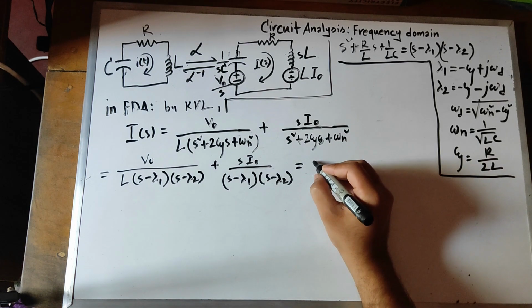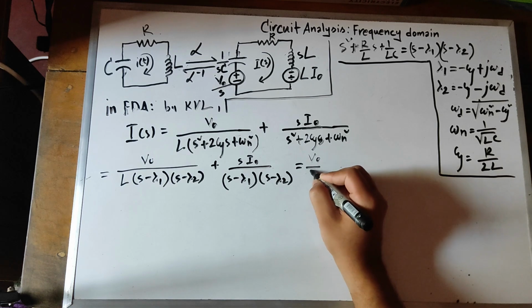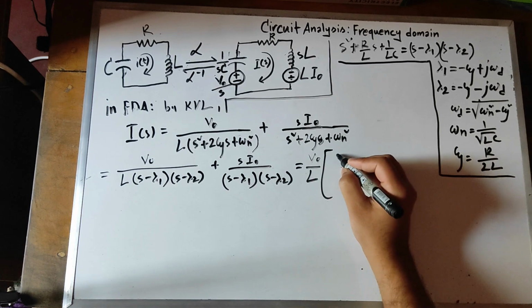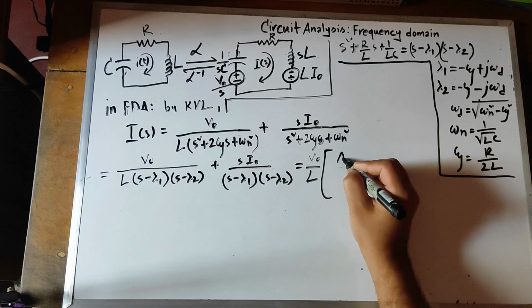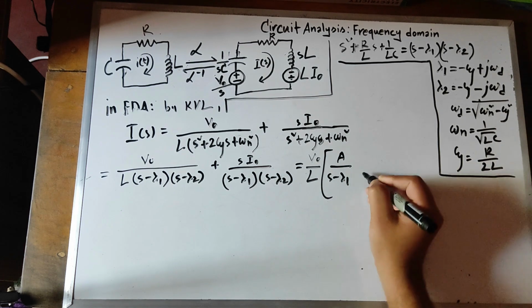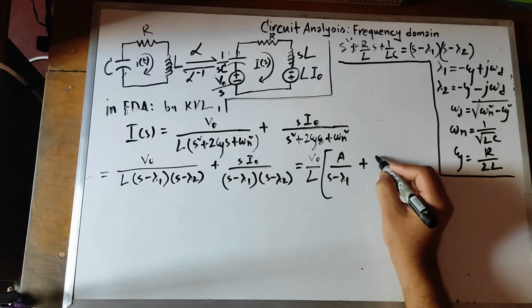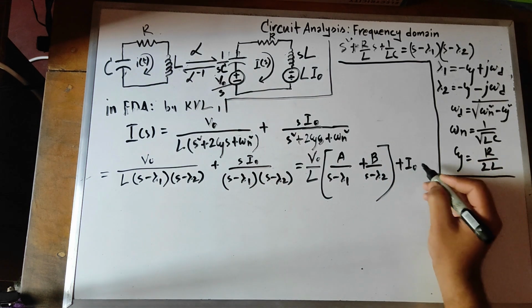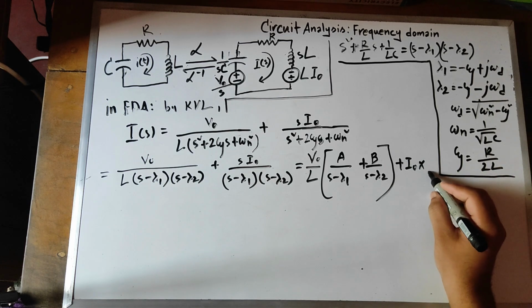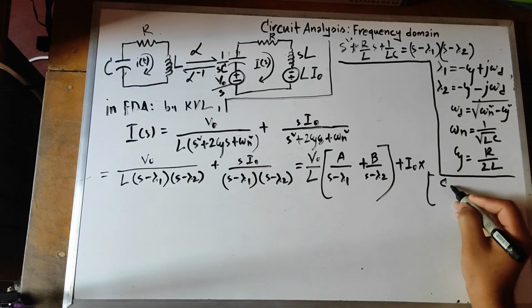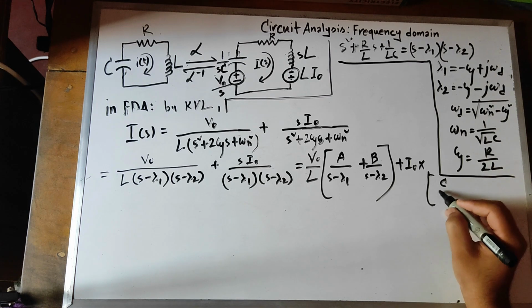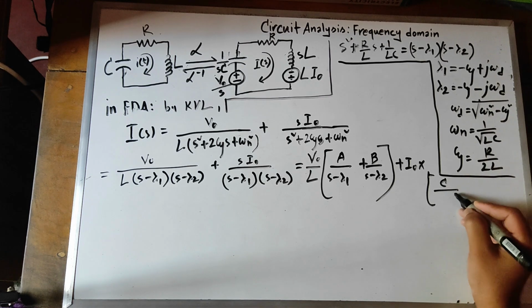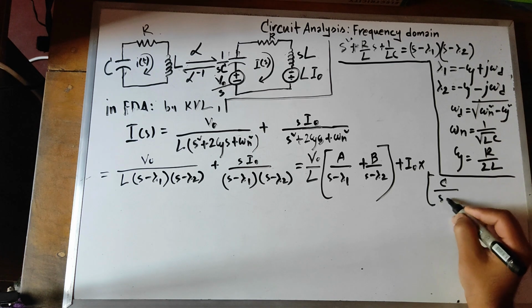So V0 by L times A by s minus lambda 1 plus B by s minus lambda 2, and the other term, say this is C by s minus lambda 1.